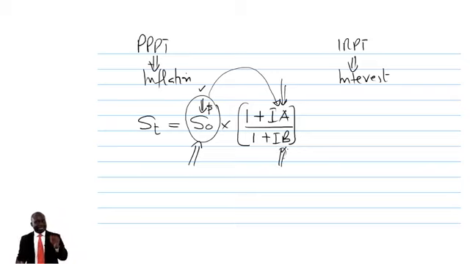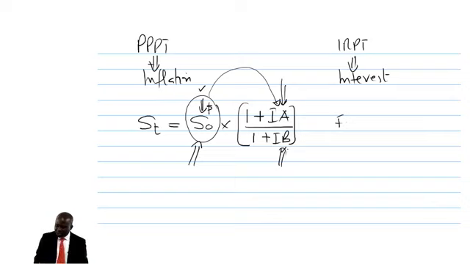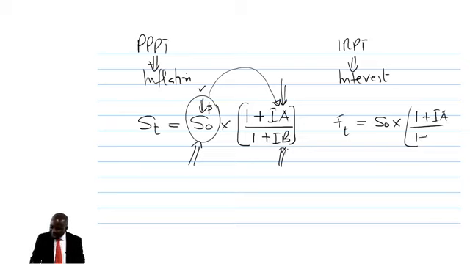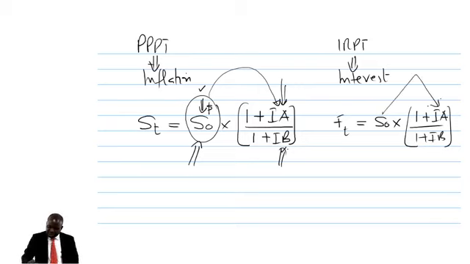The same formula applies for interest rate parity, which is used to calculate the forward rate. My forward rate at the point T will be the spot rate now multiplied by 1 plus interest A divided by 1 plus interest B, following the same argument: whatever currency I put here, its interest rate is the one up there, and the interest rate of the other country is the denominator.